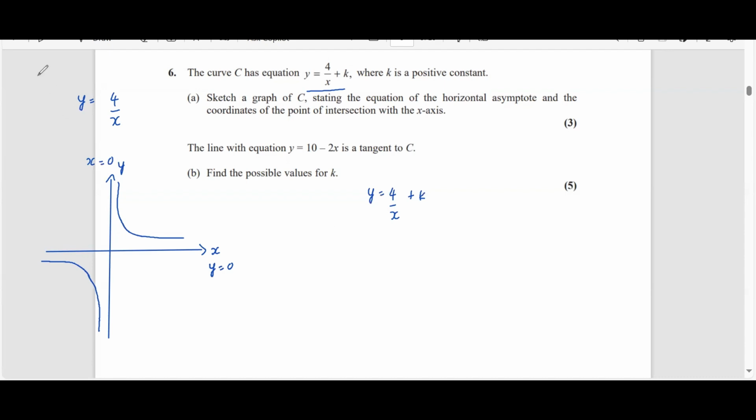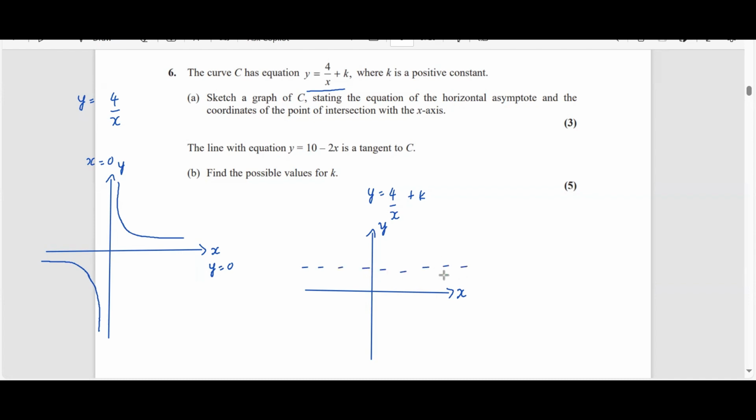So now let's just draw the curve once again. So here we have the y axis, x axis. Let's label them y, x. Now the same graph, we need to pull this up by k units. So let's draw the horizontal asymptote first of all. So this will be the curve.